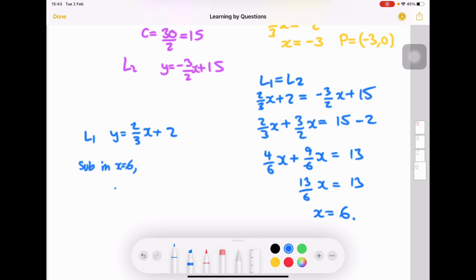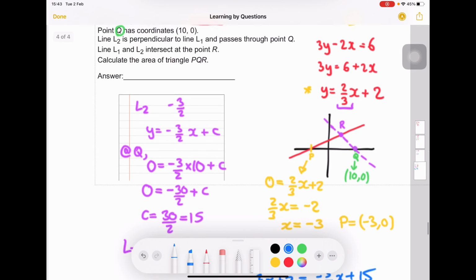So we get y equals 2 over 3 multiplied by 6 plus 2, which is 12 over 3 plus 2, which is 4 plus 2, which is 6. Okay, so this is 6, 6.